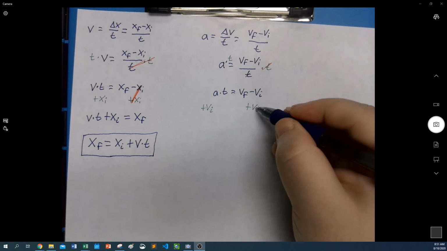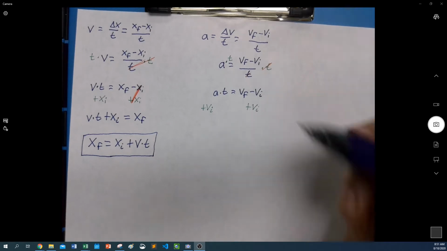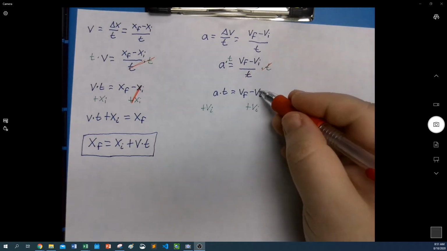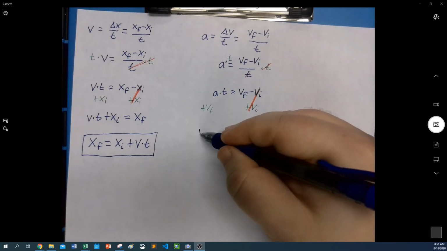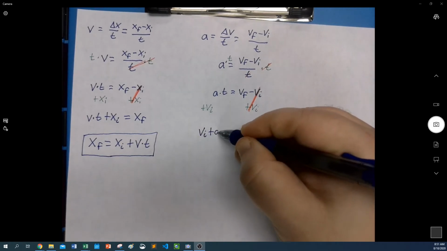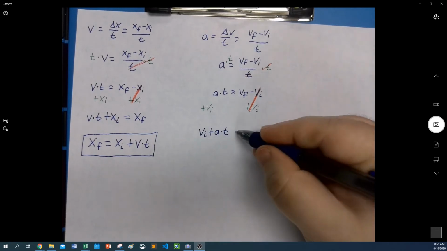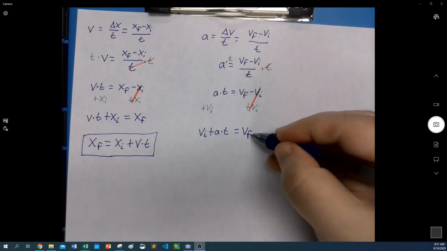Minus vi plus vi is 0, so that cancels out, giving us vi plus a times t on this side is equal to vf.